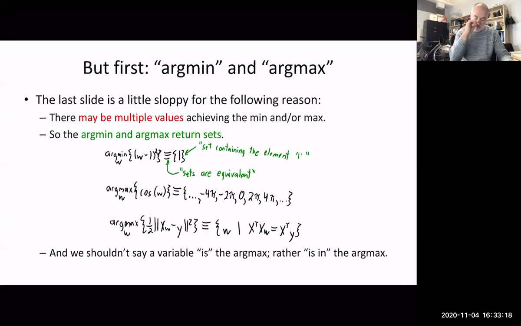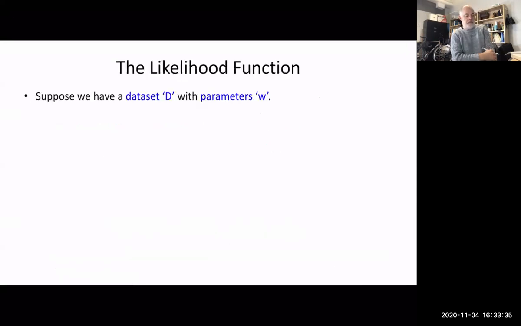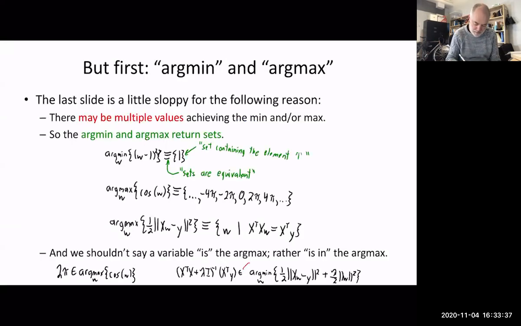And we shouldn't say a variable is the argmax, we should say it is in the argmax. I'm pretty bad at this, but you should be aware that the argmax and argmin are set valued functions. That's all it's saying here, that they're in the argmin rather than equal to the argmin.